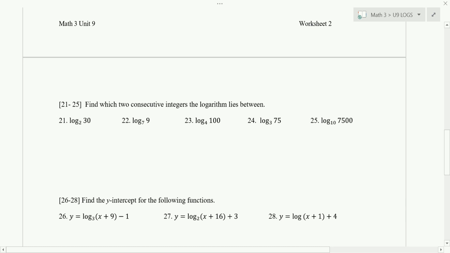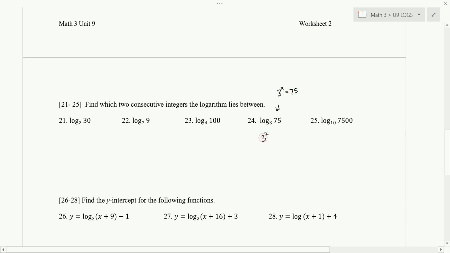Number 21 to 25, you're to find which two consecutive integers the logarithm lies between. Take a look at number 24. You look at powers of 3. So this is asking the question, 3 to what power is 75?